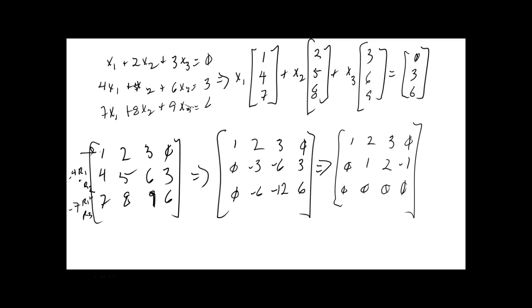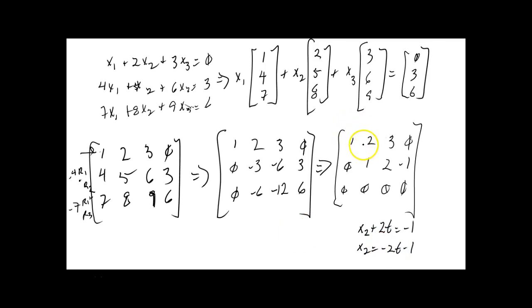And you could assign a parameter to that third variable, x of 3, say t, that has been our favorite before. And this gives you x sub 2 plus 2t is equal to -1, so x sub 2 is equal to minus 2t minus 1.